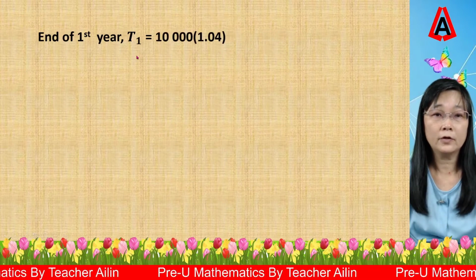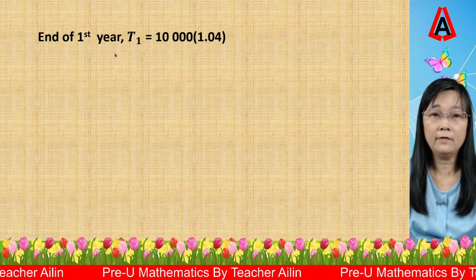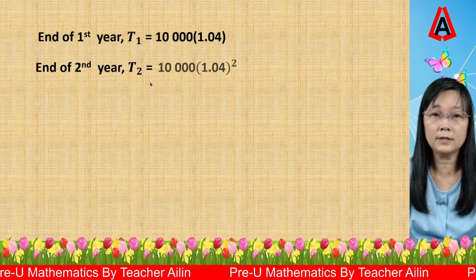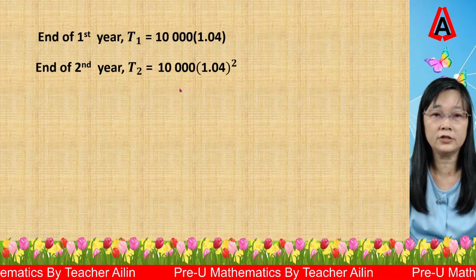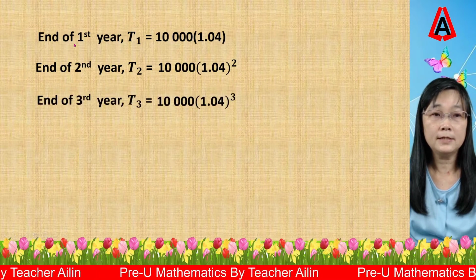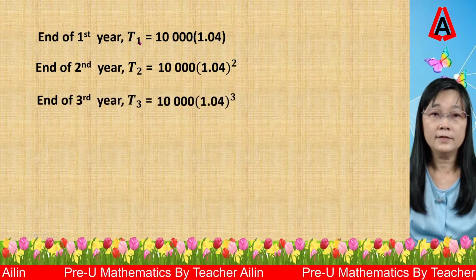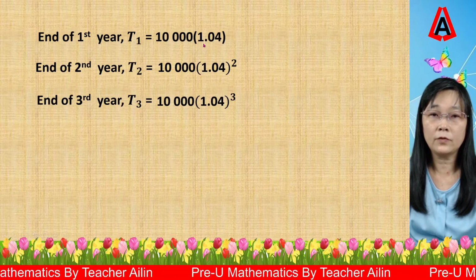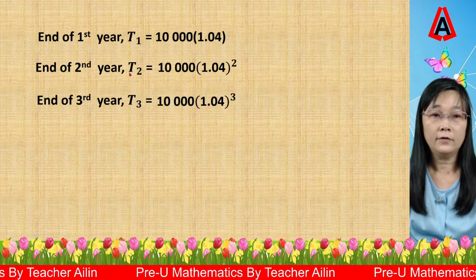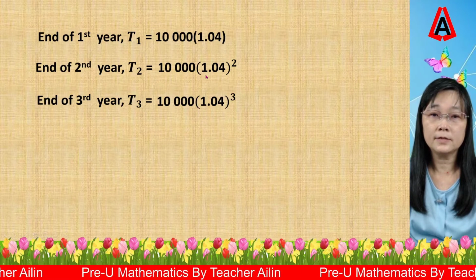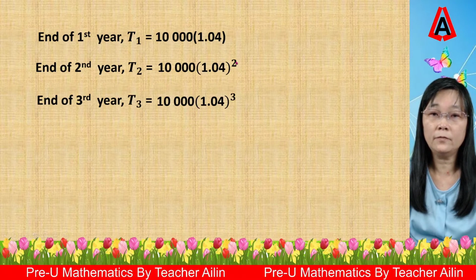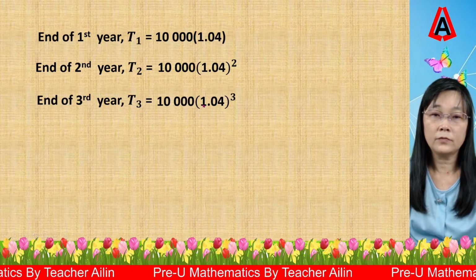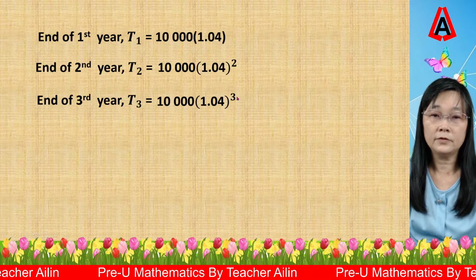Now we try to combine the amount of money for each year together to see how the number changes each year. At the end of the first year, the amount of money is 10,000 times 1.04. For the second year, 10,000 times 1.04 power 2. Third year, 10,000 times 1.04 power 3.